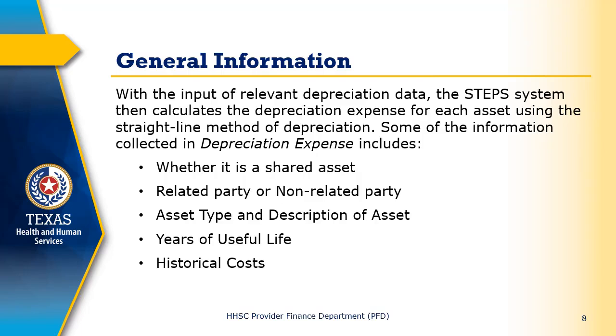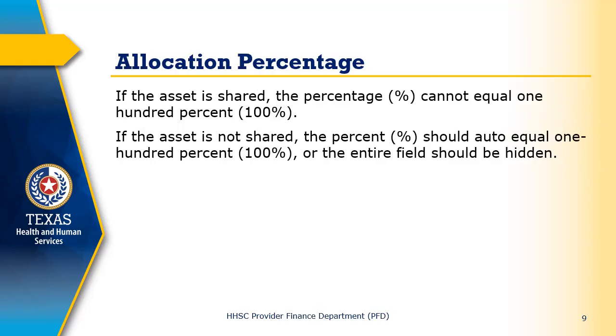for effective depreciation assessment. In our next discussion on allocation percentage, it is essential to establish guidelines based on asset sharing. When an asset is shared among multiple stakeholders, the total percentage allocated to that asset cannot exceed 100%, ensuring an equitable distribution.